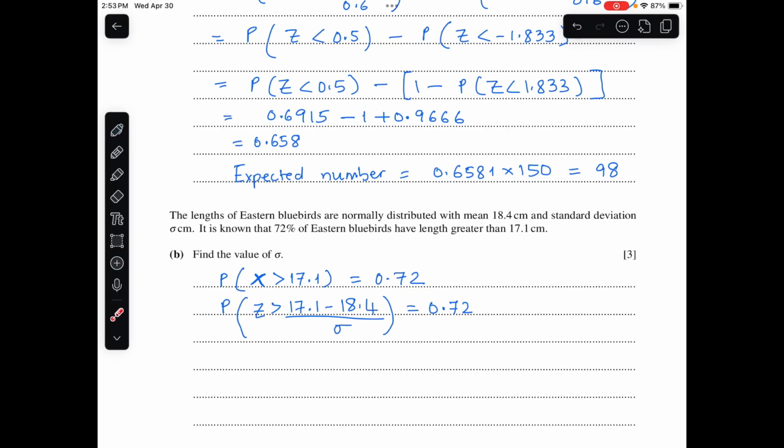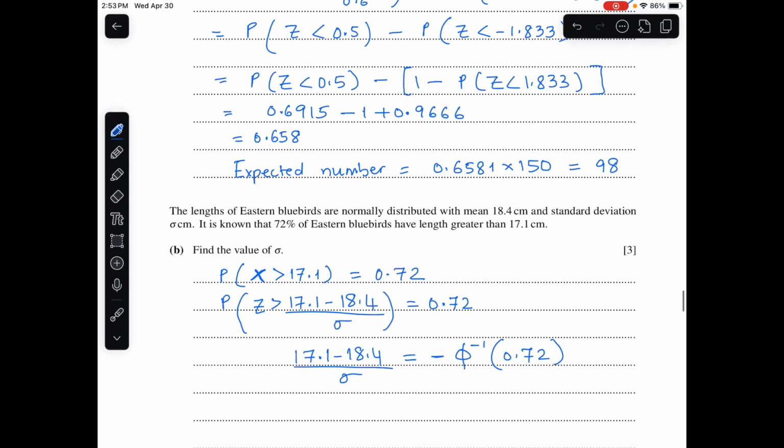Whenever you have to calculate a probability where x is greater than, and you have a percentage which is also greater than 50%, in this case the z-score is going to be negative. So 17.1 minus 18.4 divided by sigma is going to be equal to negative. We need to look at phi inverse of 0.72.